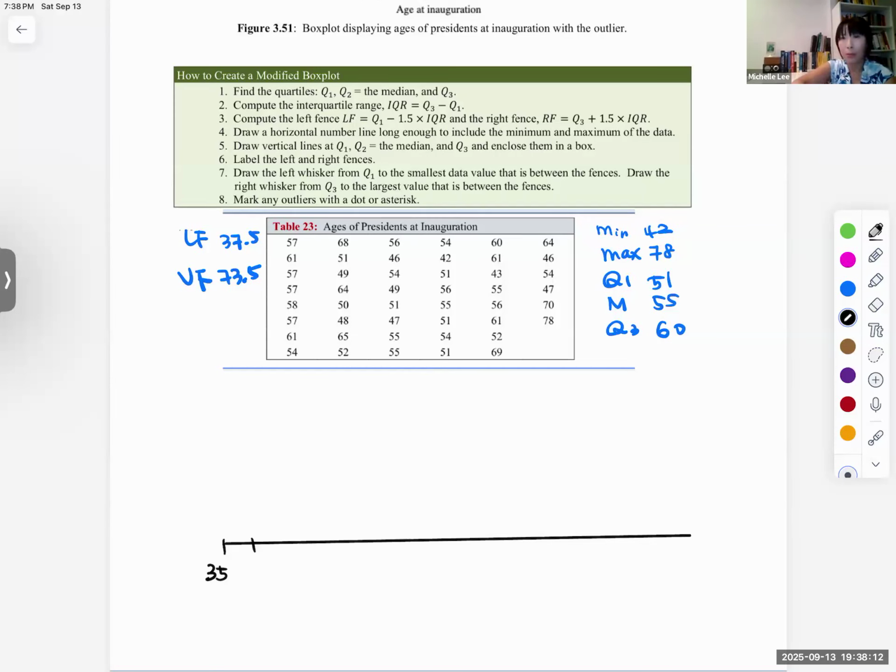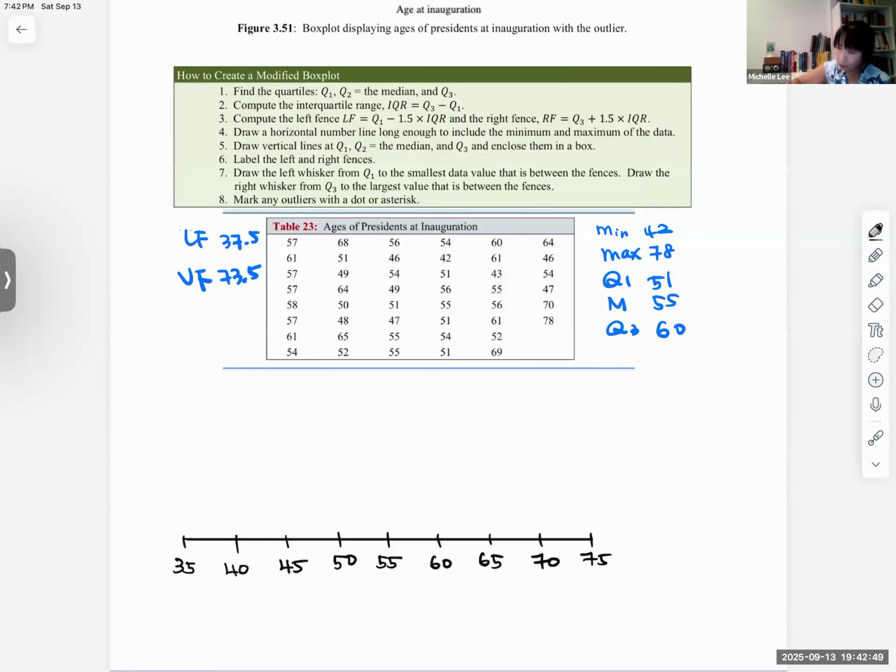Okay, I will make it a little bit bigger. All right, so I draw the horizontal line and then we want to insert Q1, 51 here, and the median 55, and then Q3 60, and then we enclose the box.